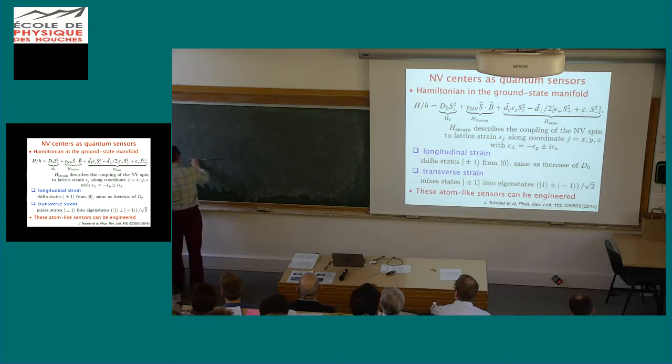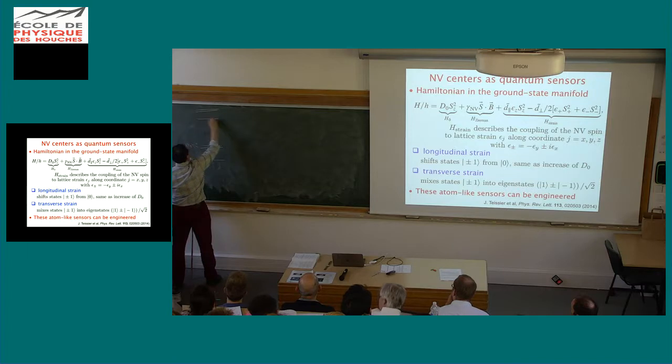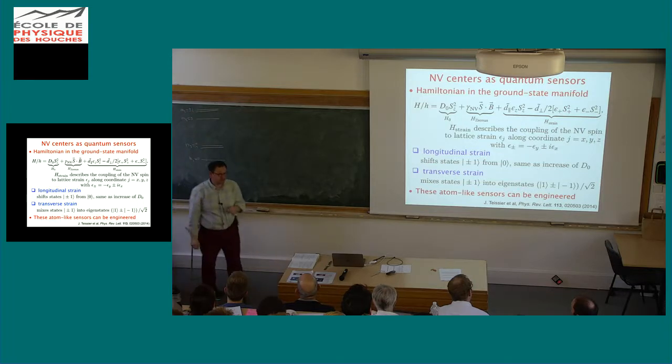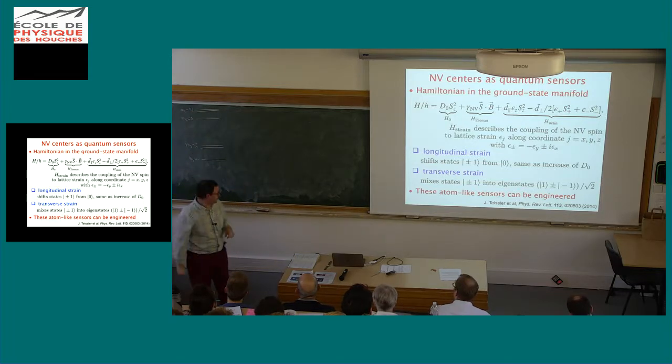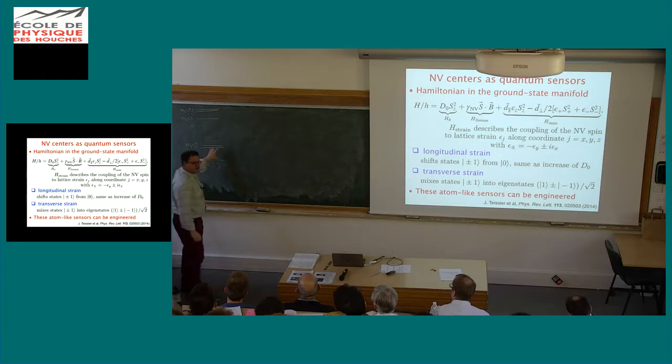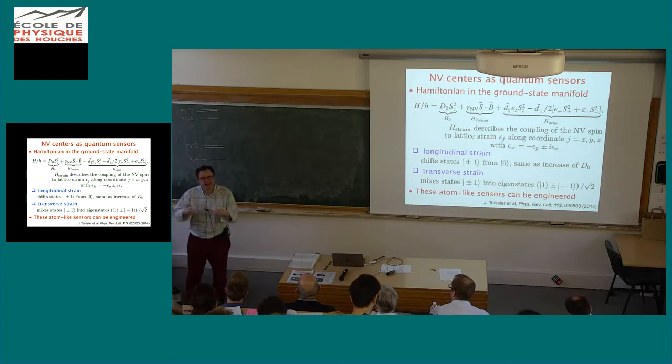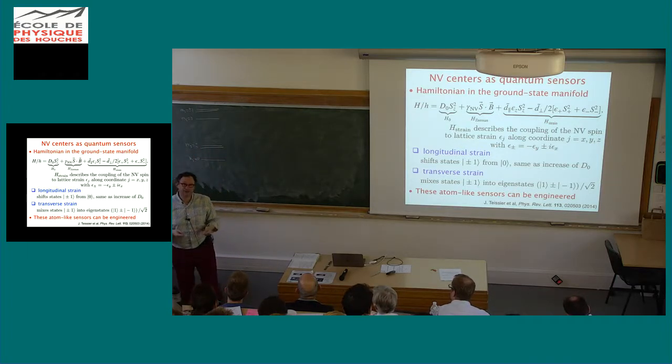So I have here ms equals 0, and the two levels ms equal plus minus 1, with the same structure in the excited level, associated to spin. You have to remind yourself that this is a spin structure, related to the intrinsic degree of freedom of the NV center. And you also have the optical transition, and the two are somehow decoupled.